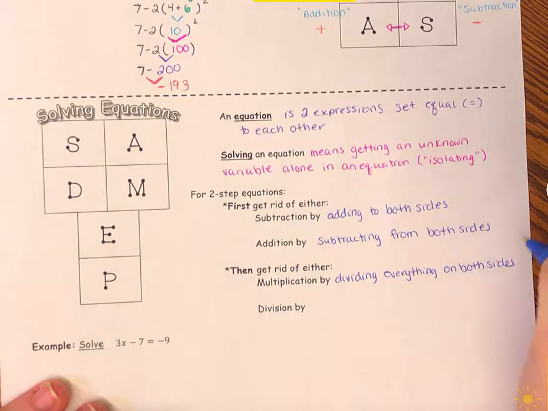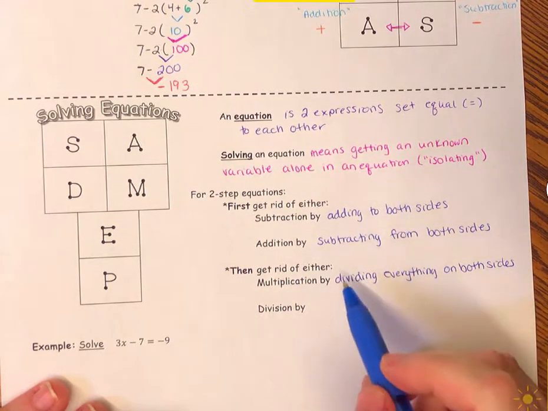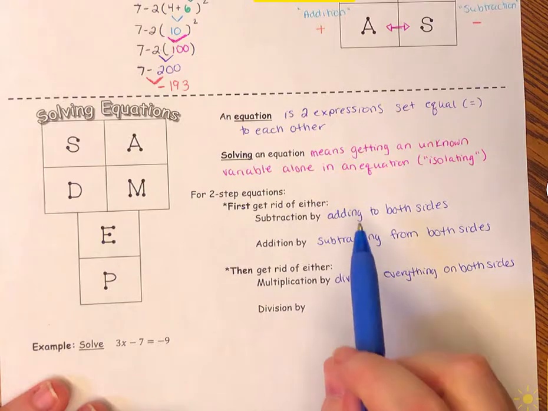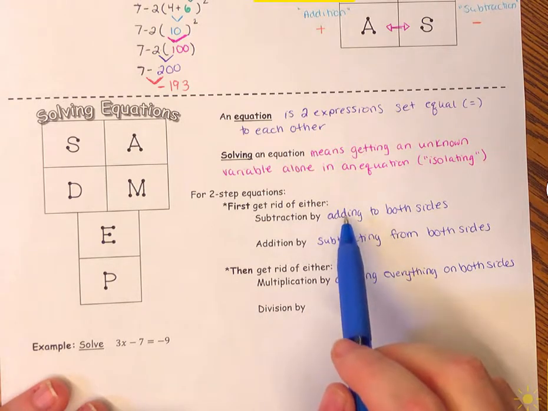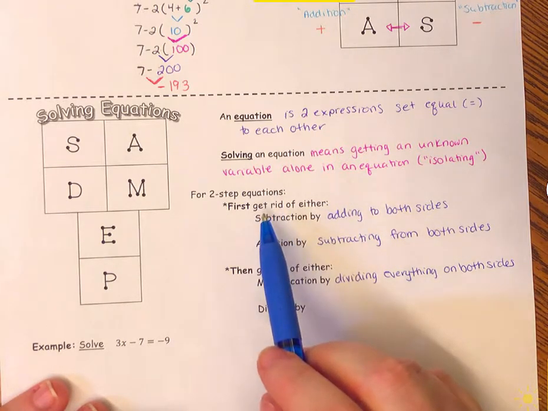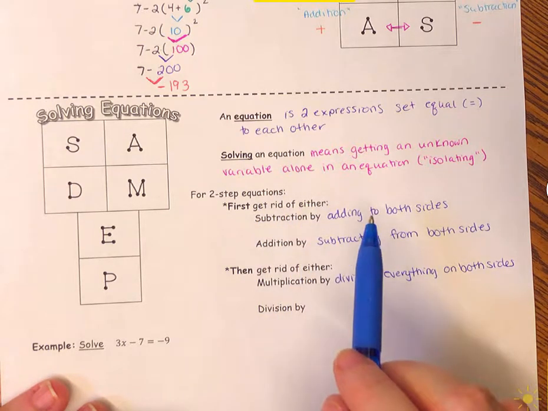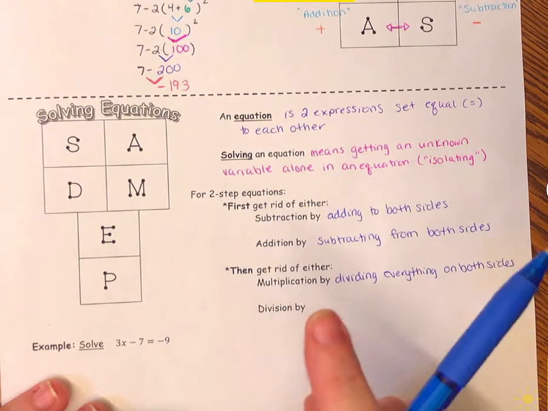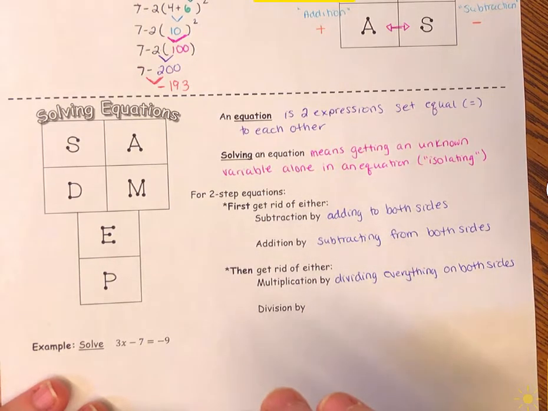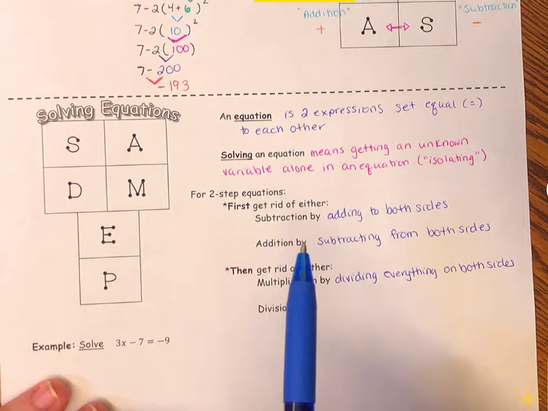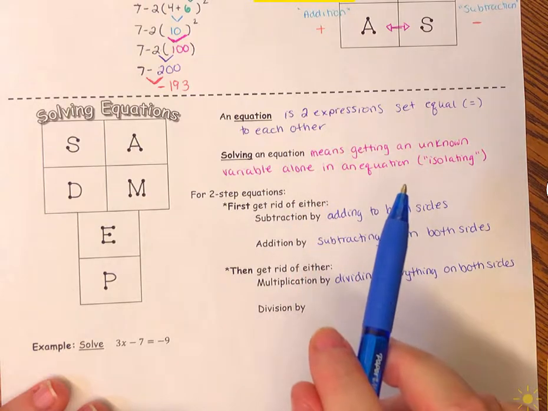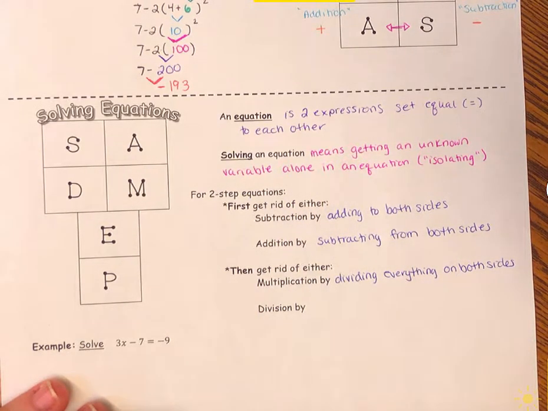There is a difference between when we add and subtract and when we multiply and divide on both sides. Adding and subtracting, numbers can go with numbers and letters can go with letters. If I have an x and I have a 5, those cannot add and subtract together. If I have an x and an x, I can add those together and I can subtract those.